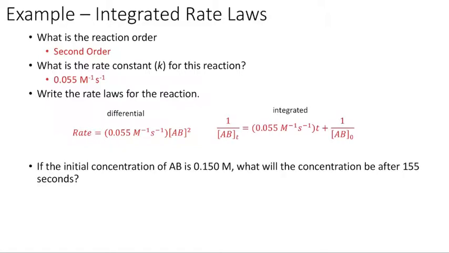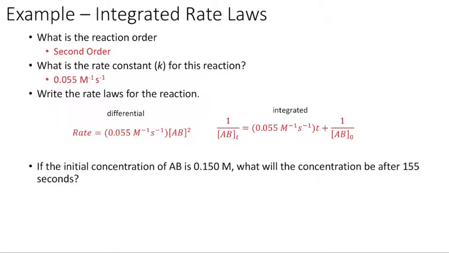The integrated rate law: 1 over the concentration of AB at time t, at some point in the reaction, is 0.055 molarity to the minus 1, seconds to the minus 1, times t, plus 1 over the initial concentration of AB, or AB at time 0.